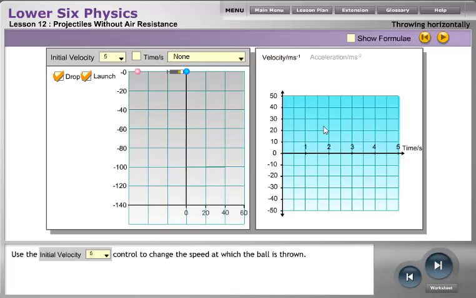Use the initial velocity control to change the speed at which the ball is thrown. How does its motion change with speed?